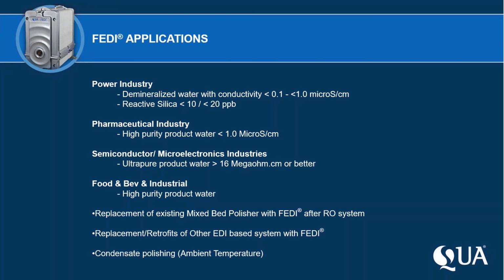Today most EDIs are interchangeable. You look at the three major players out there, they all offer replacements for each other, and Fedi does as well. So the Fedi technology is something that should be considered when your EDI system needs to be replaced or upgraded.